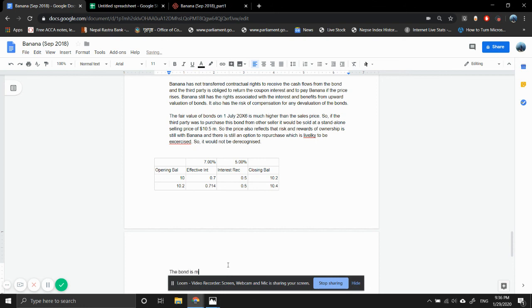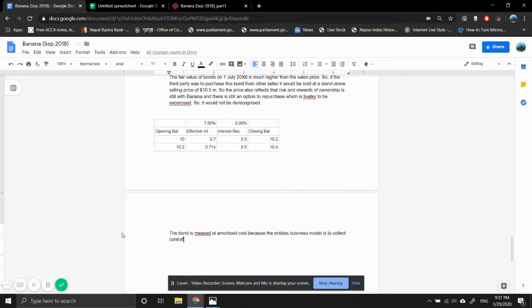The bond is measured at amortized cost, because the entity's business model is to collect contractual cash flow over the life of assets, right?